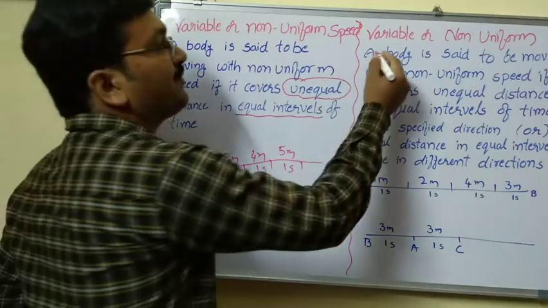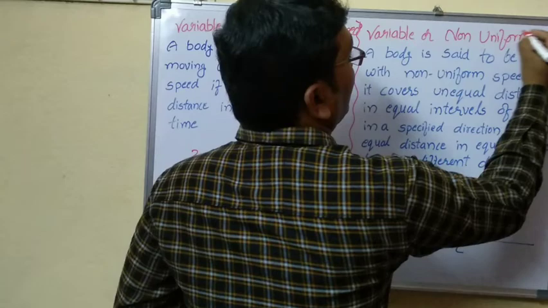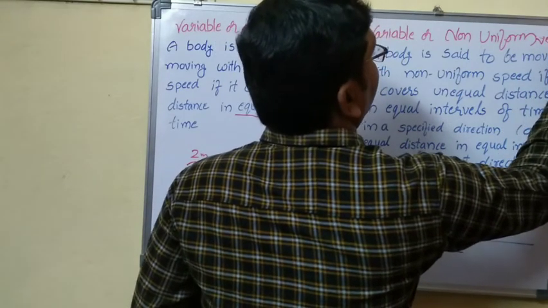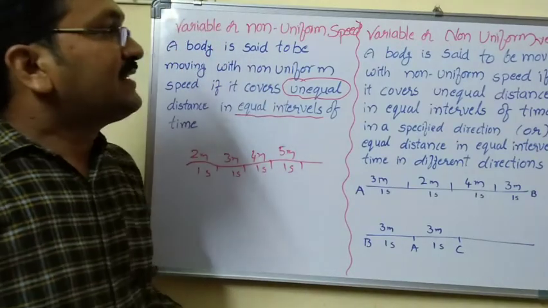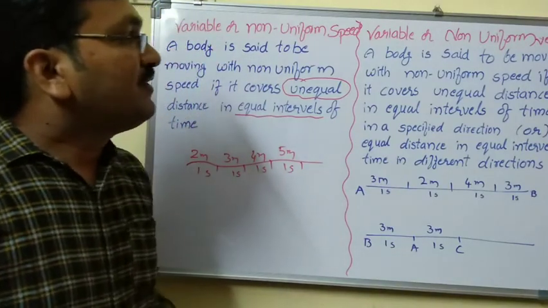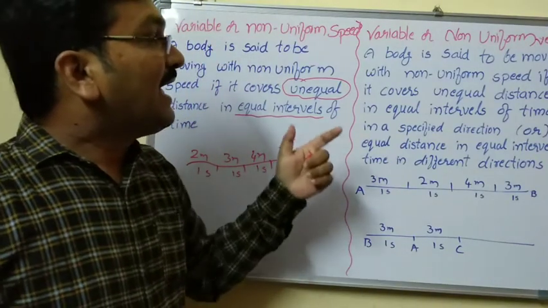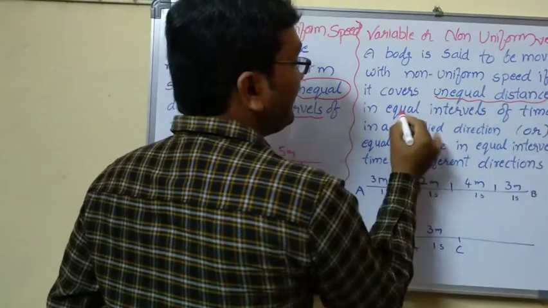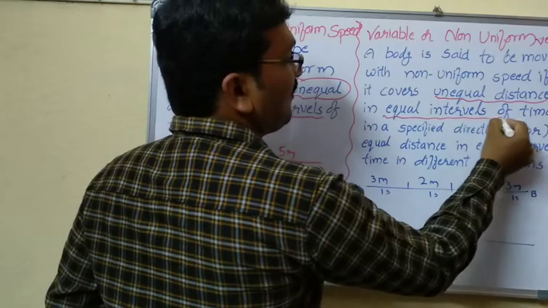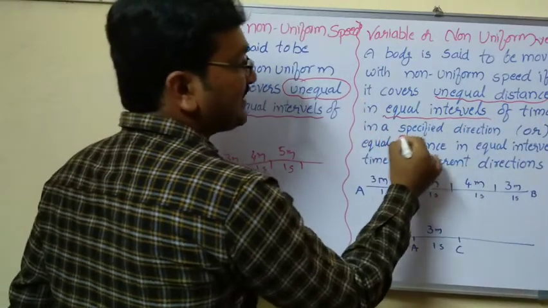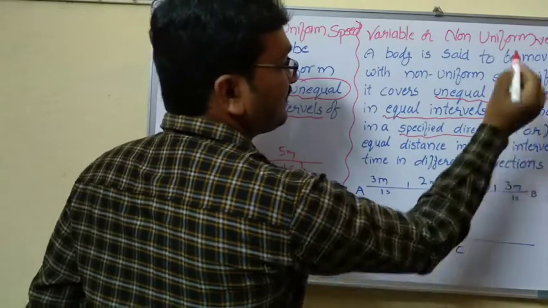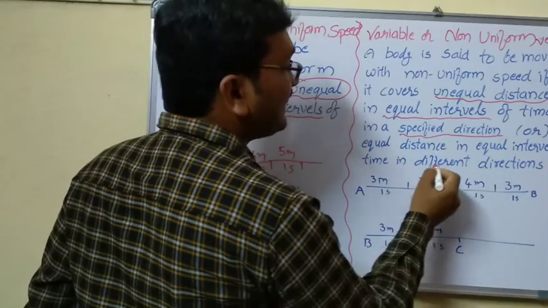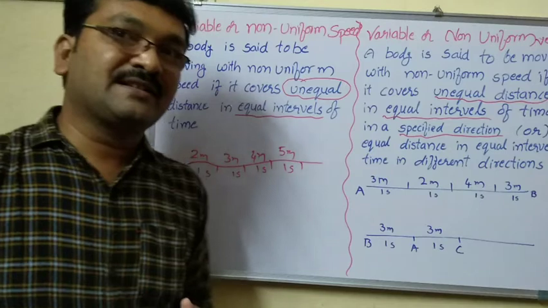Now the variable or non-uniform velocity. A body is said to be moving with non-uniform velocity if it covers unequal distance in equal intervals of time in a specific direction, or equal distance in equal intervals of time in different directions.